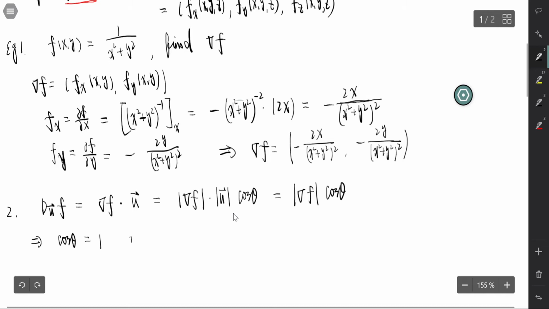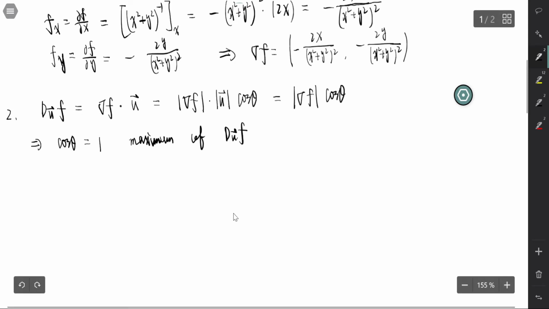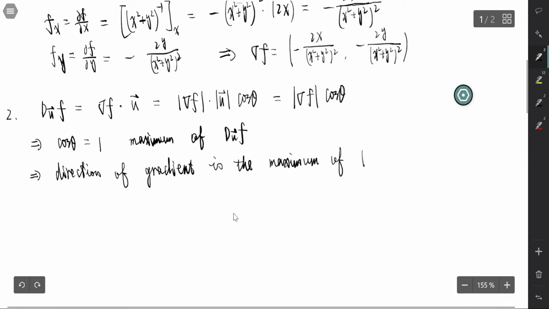The maximum of D_u f is in the direction of the gradient. So the direction of the gradient is the maximum of D_u f.